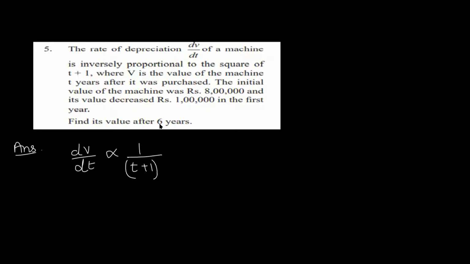Now we convert this proportionality sign into the equality sign by introducing a constant. So therefore we have dV/dt is equal to minus k upon (t plus 1) square.